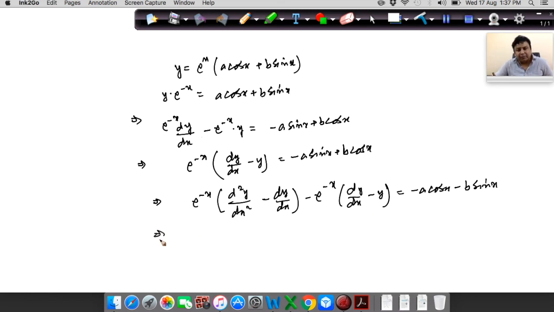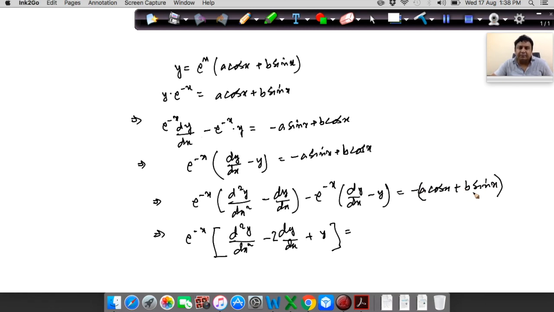So you see, e to the power minus x is common again, and what I am getting inside is d2y by dx2 minus dy by dx minus dy by dx. So minus 2 dy by dx plus y, fine, plus y equals minus sign common.